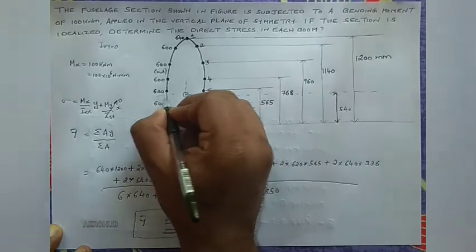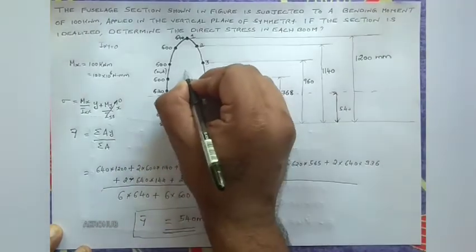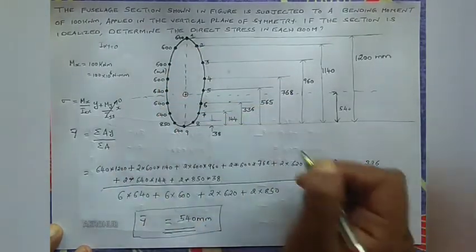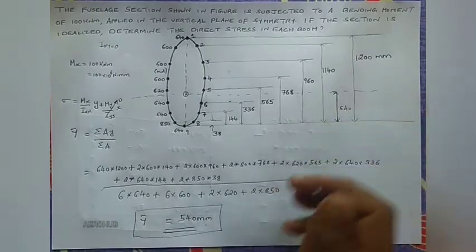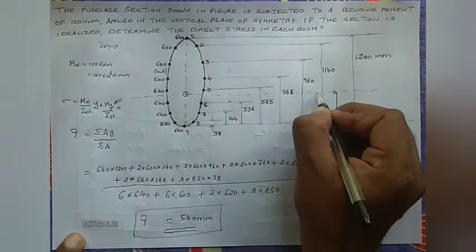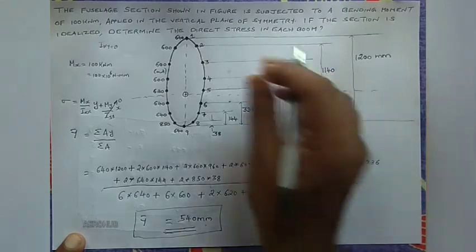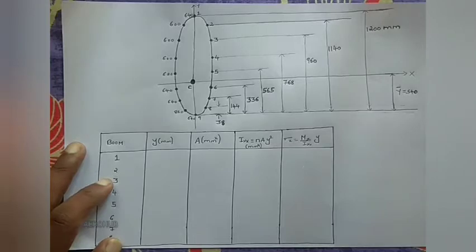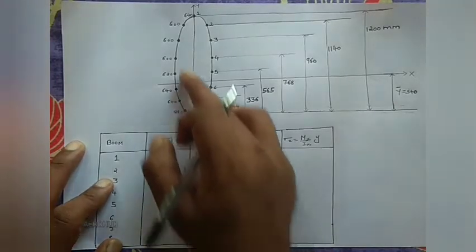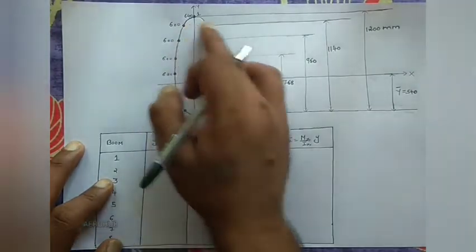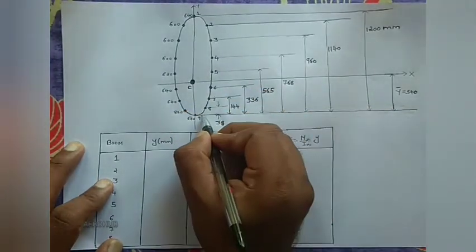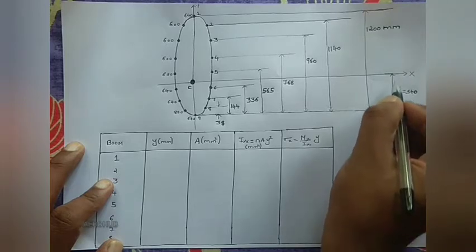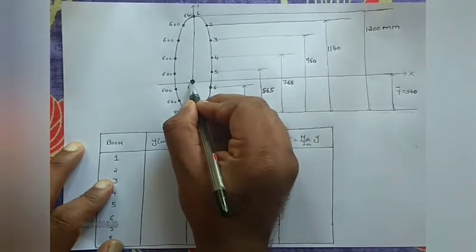Okay, and this will be your axis system. You can be able to see, this is 540 millimeter, and from this axis we will find out the distance of each and every boom area. Now you can see in this figure, we have the same figure here and I have the same marking, and from the reference axis I have plotted y bar is equal to 540 millimeter, and I plotted an axis system.